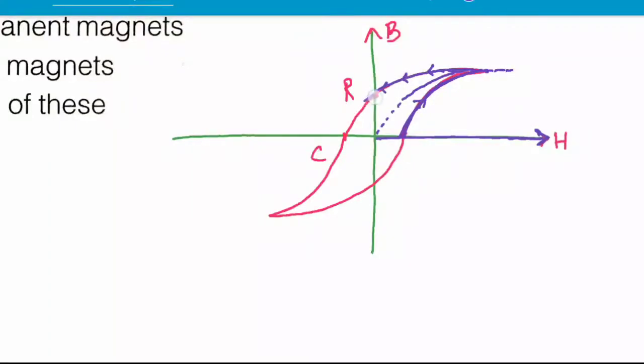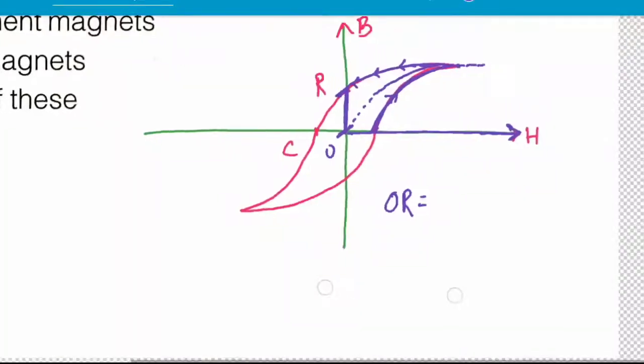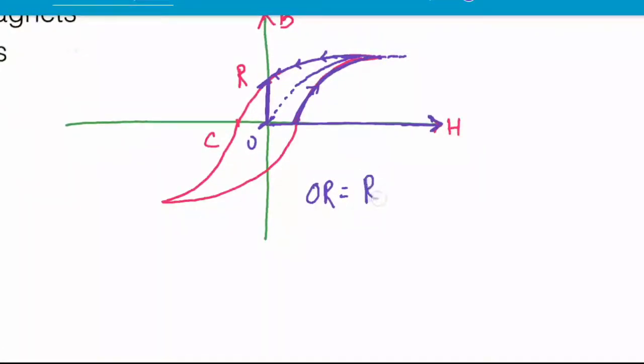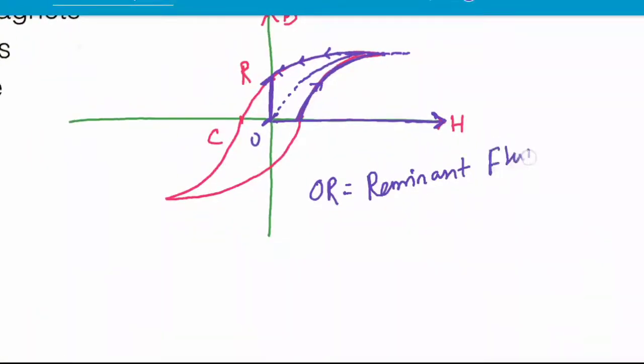That means this part is the retained, suppose this is O, then OR is the remnant flux density or the retentivity.